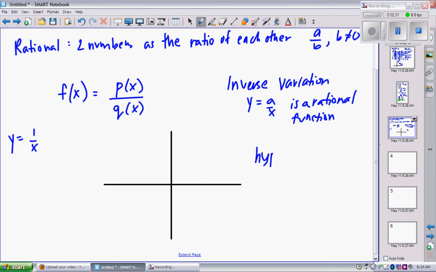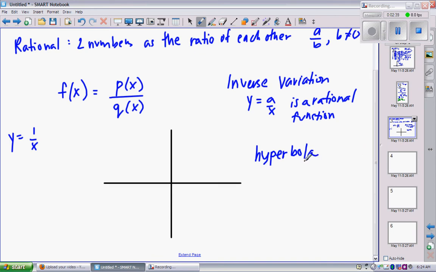We haven't talked about these yet. We've talked about parabolas, but not hyperbolas. It consists of two symmetrical branches.